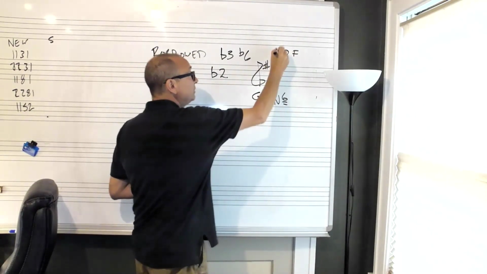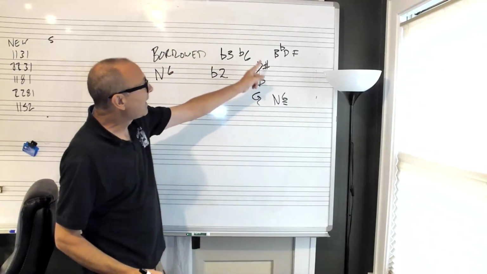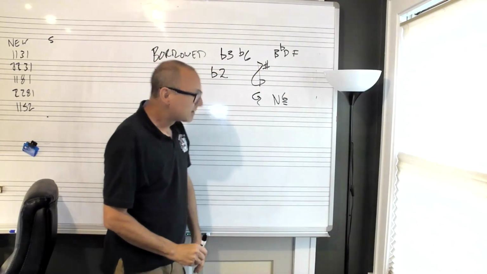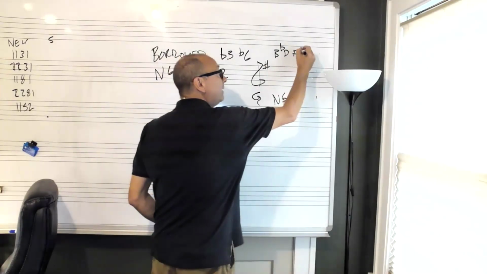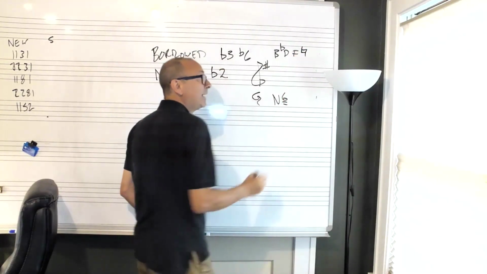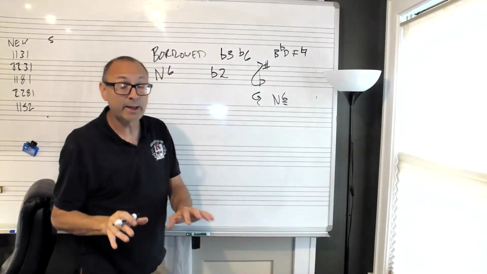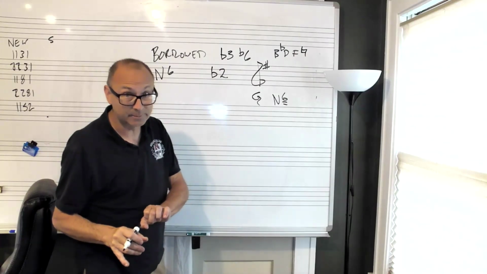Now, I'm going to flat the 2. Problem is, F is sharp in my key, but this has to be a major triad, so I have to take that sharp away to make sure that it's a major triad. Again, that goes back to the piano keyboard. Major triad: 4 half steps, then 3 half steps.